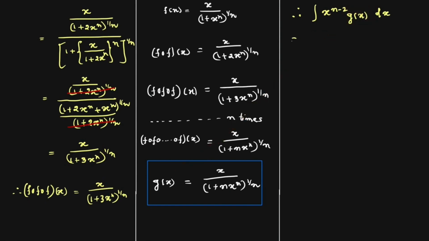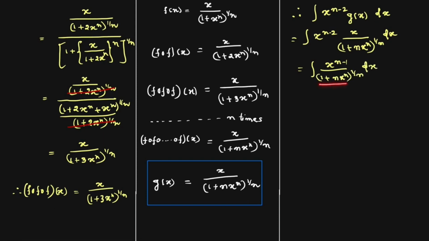Now which is equal to integration of x to power n minus 2 times g of x, which is equal to x upon (1 plus n x to power n) to power 1 by n dx, which is equal to integration of x to power n minus 1 upon (1 plus n x to power n) to power 1 by n dx.